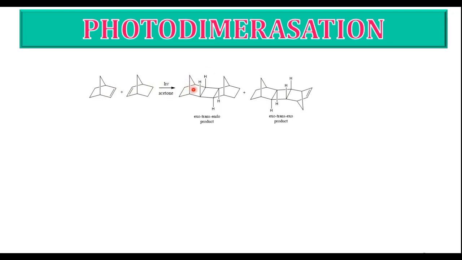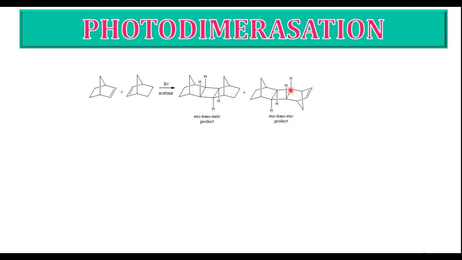According to this ring, the two hydrogens are endo, and the other hydrogens are exo, outside, and you can observe the hydrogens are trans to each other. According to this ring system, these are endo, that's why it is exo-trans-endo. Another one is exo-trans-exo.